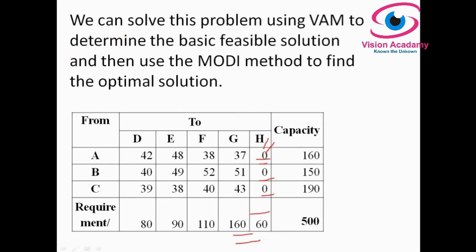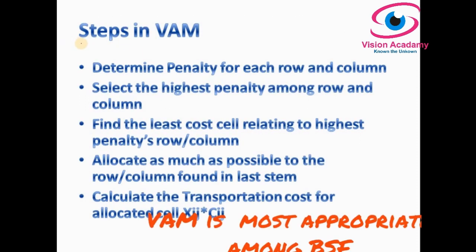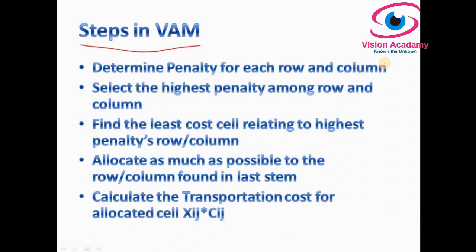Friends, let us solve this problem by using Vogel's approximation method and the MODI method. Before that, let's understand very briefly the steps in Vogel's approximation method. First, determine the penalty for each column and row, and select the highest penalty among rows and columns. Compare rows and columns and select the highest penalty.